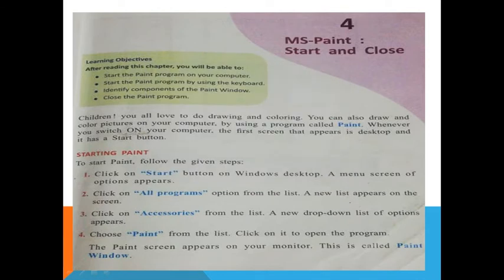First, what you will do: click the Start button, then whatever comes, All Programs, just click All Programs, then Accessories appears. Then you click Accessories. There are many options there, and Paint is there, so you just choose Paint. I think you understand how you will open it.